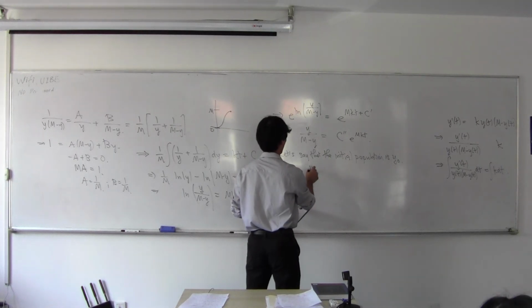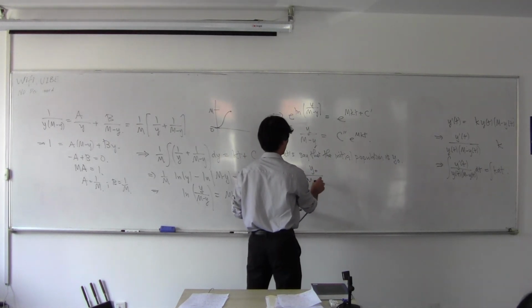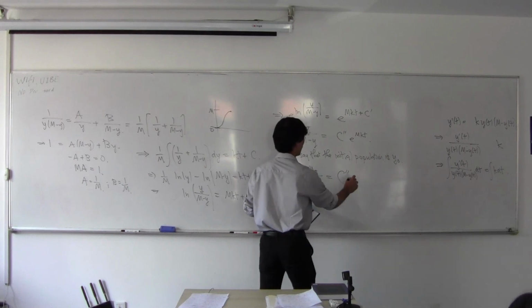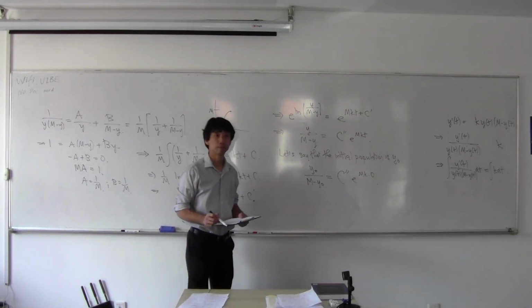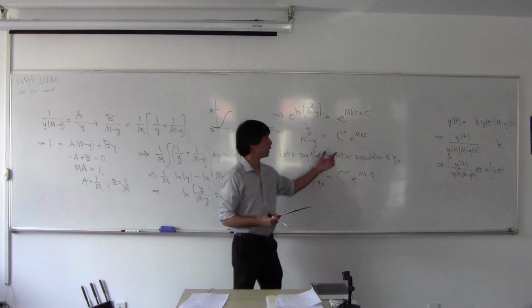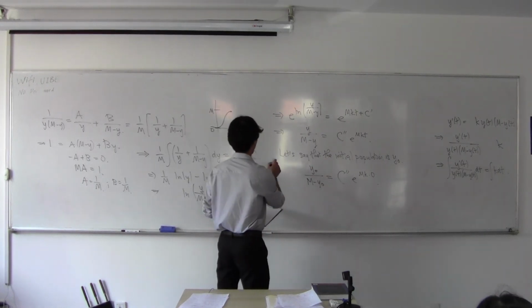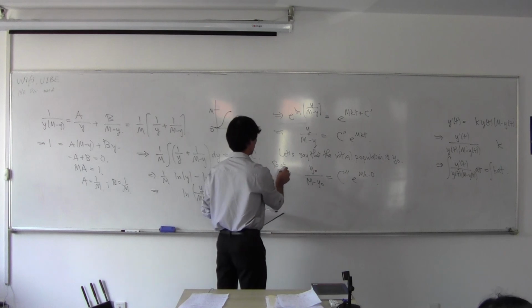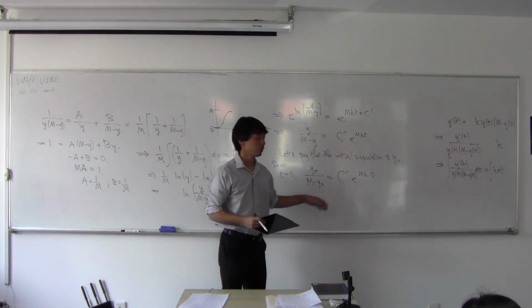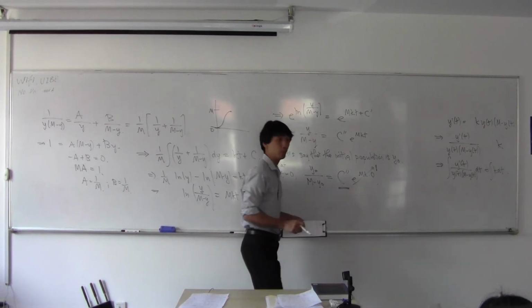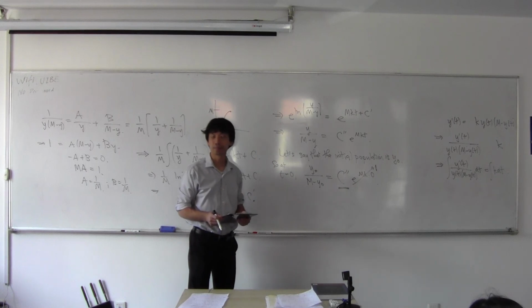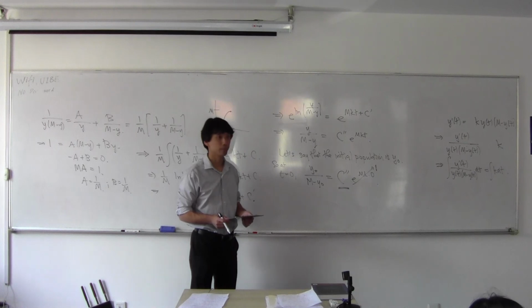That y naught over m minus y naught equals c double prime e to the mk times 0. Just plug in t equals 0. So at t equals 0, c e to the mk times 0 is just 1, and so that tells you what c double prime is.